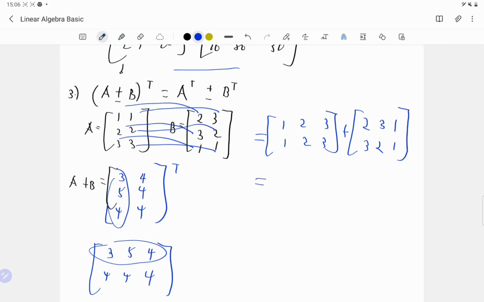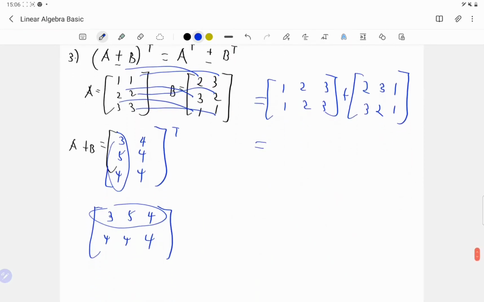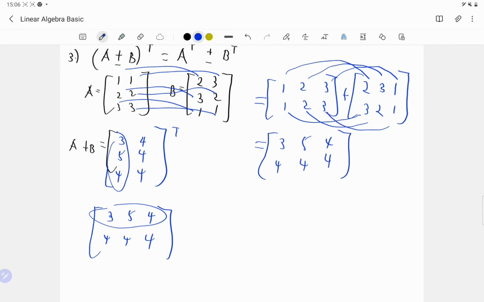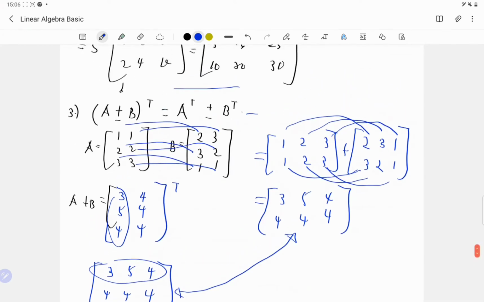Then let's do the addition. 1 plus 2 is 3. 2 plus 3 is 5. 3 plus 1 is 4. 1 plus 3 is 4. 2 plus 2 is 4 and 3 plus 1 is 4. Let's see if they are the same. Okay, we got it. They are the same, and we proved that these two are equal.